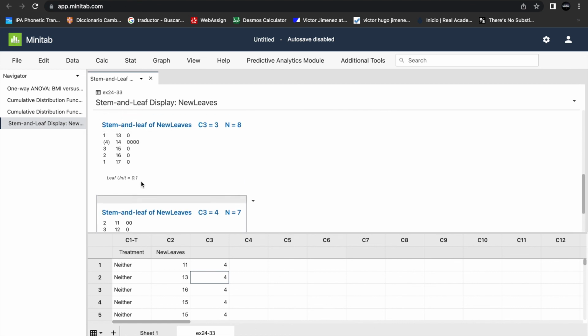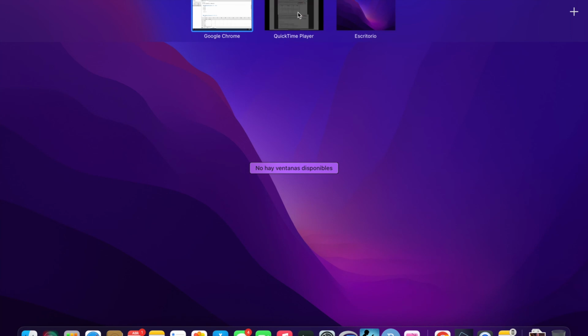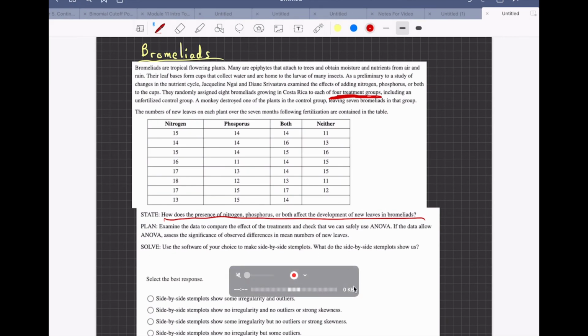There you have. So with this, you can respond to this, select the best response. The right response is: side-by-side stem plots show some irregularity, but no outliers or strong skewness, right?